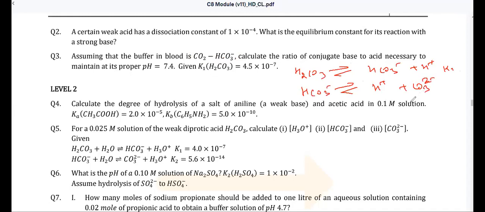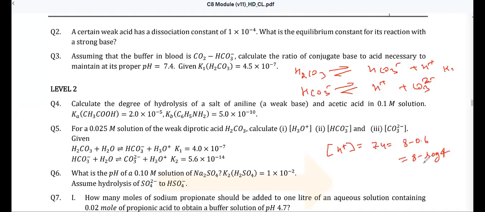Now, what is given? pH is given. Concentration of H plus is given, right? What is concentration of H plus? Tell me, 7.4. 7.4 is basically 8 minus 0.6, right? Agree? Which is 8 minus log 4.